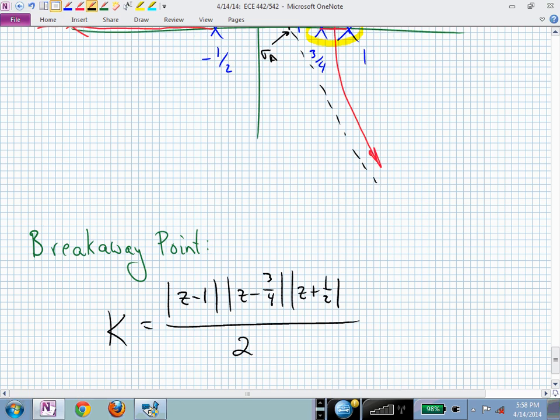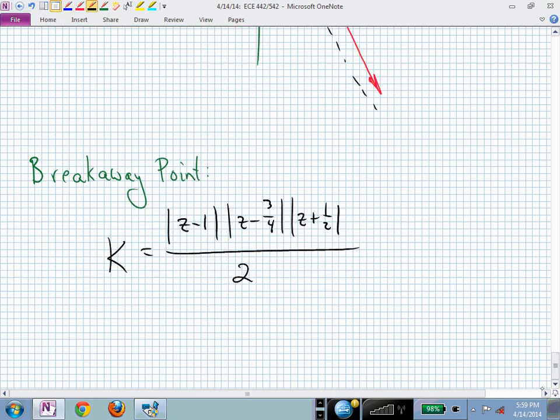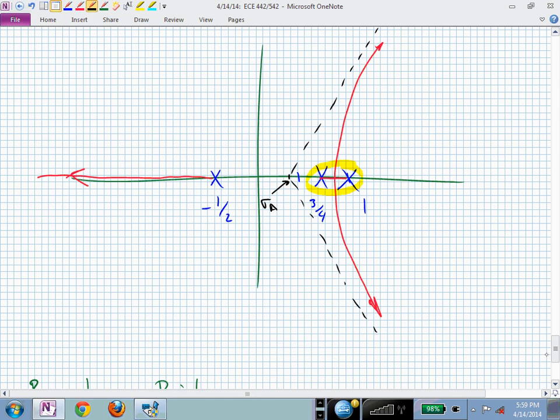And any point on the root locus, if z belongs to the root locus, we could find the gain k to get us to that point by substituting that z value into this expression. We're now using this expression, let's say numerically, to plot this curve between z values of 3/4 and 1, and we're trying to find where that k value reaches a relative maximum.